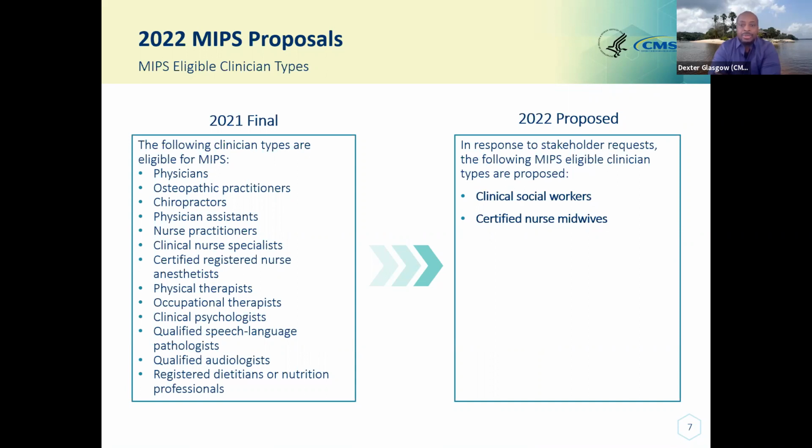Assuming this policy is finalized, we will have full expansion of our MIPS eligible clinicians. As a reminder, the comment period closed back in September, and we're hoping around mid-November, which is about another month from now, we should have the finalized policies on this. This policy should be finalized next month, November.